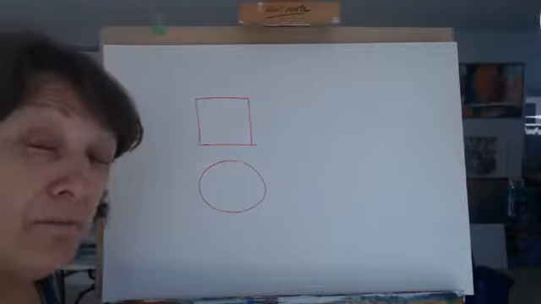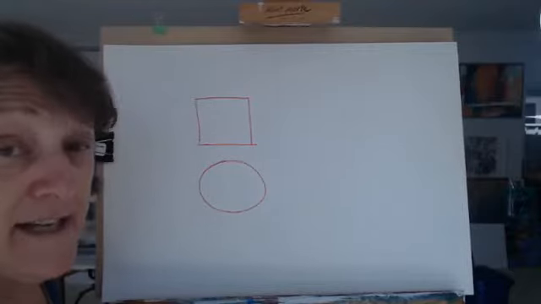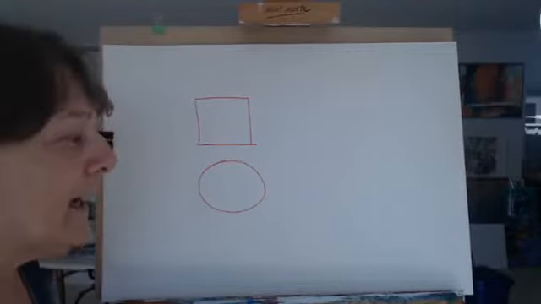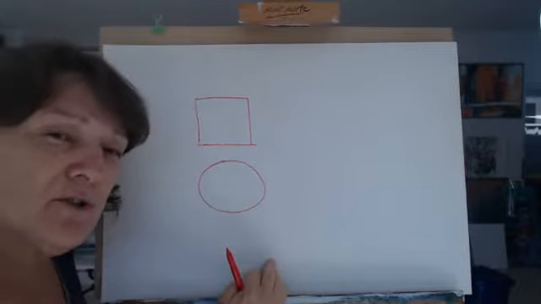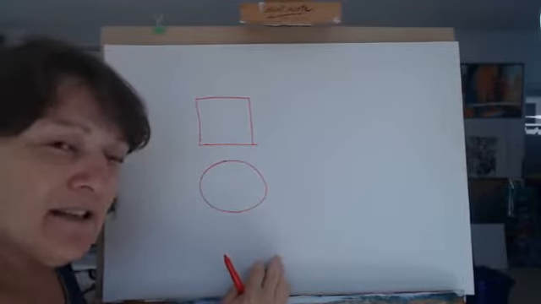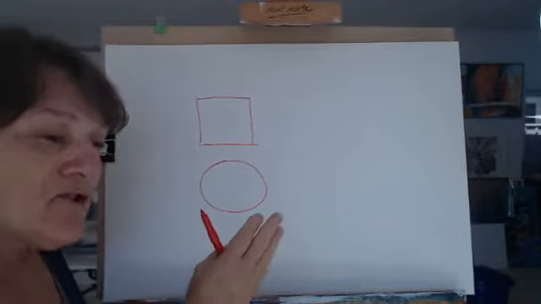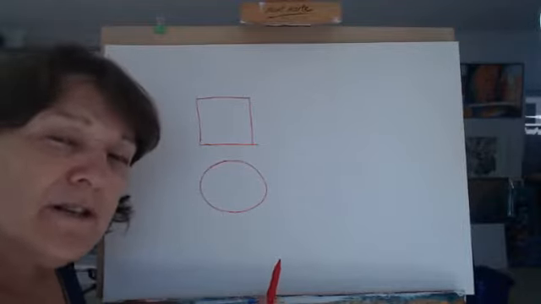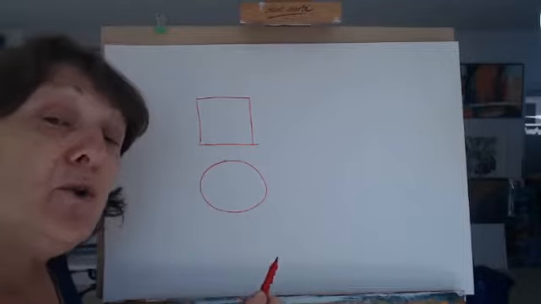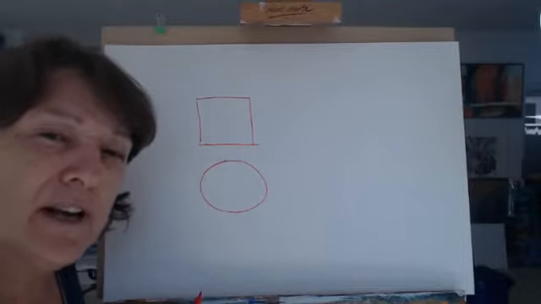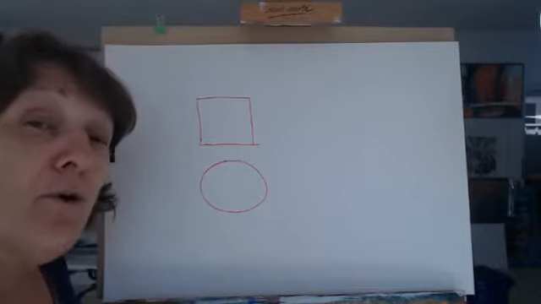Now, when we are drawing, or painting for that matter, but in our case drawing, you are using a two-dimensional surface. So in essence, we are always only drawing shapes. But the trick for us as drawers is to give the illusion that things are three-dimensional. And that's where the word form comes in.